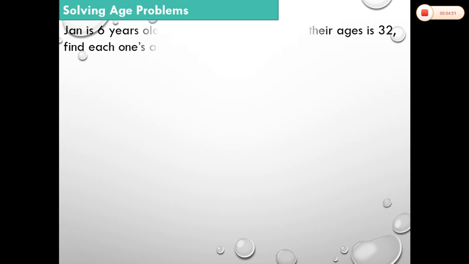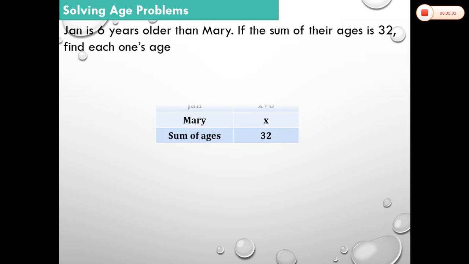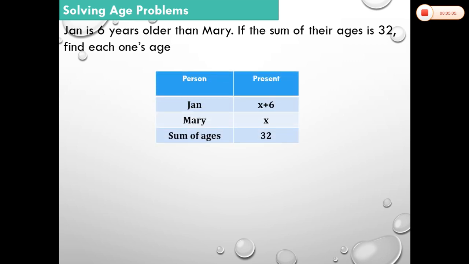Next problem. John is 6 years older than Mary. If the sum of their ages is 32, find each one's age. The persons involved are John and Mary. Their present ages: let's say Mary is x years old, and John is 6 years older than Mary, so x plus 6.